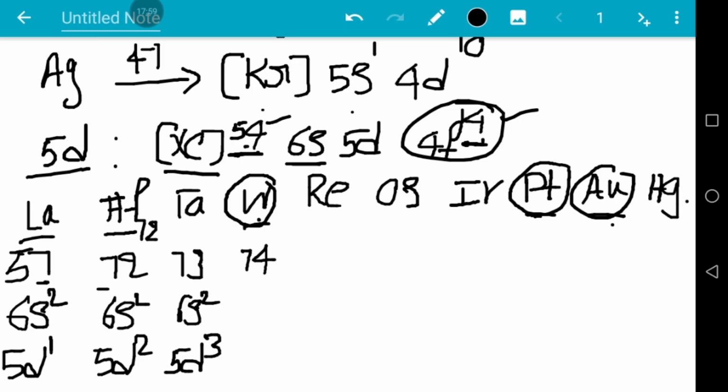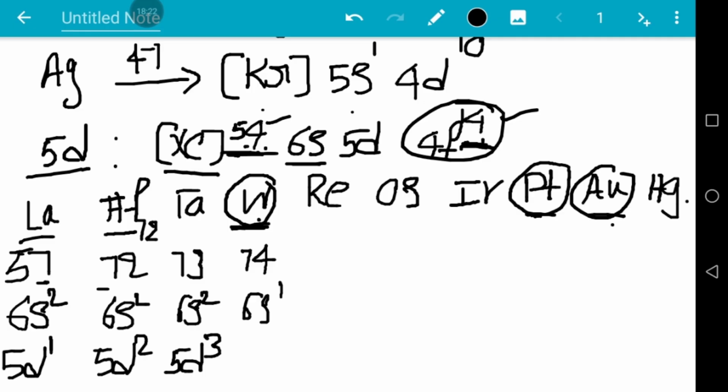Then the remaining 6 electrons. Wolfram has an exceptional configuration, that is the 6s1 configuration. And the remaining electrons, 68 plus 1, 69. Then the remaining 5 electrons we have to keep in 5d5. This is the configuration of wolfram.